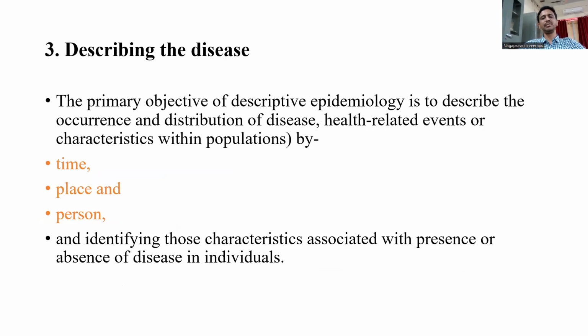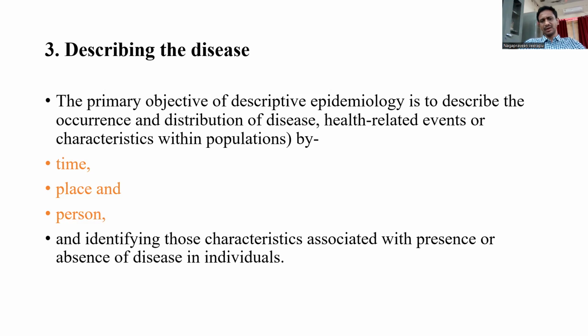Describing the disease. The primary objective of descriptive epidemiology is to describe the occurrence and distribution of health-related states or events, characteristics within the population. So he is describing the disease by time, place, person, and also he is identifying the characteristics associated with the presence and absence of the disease in individuals.